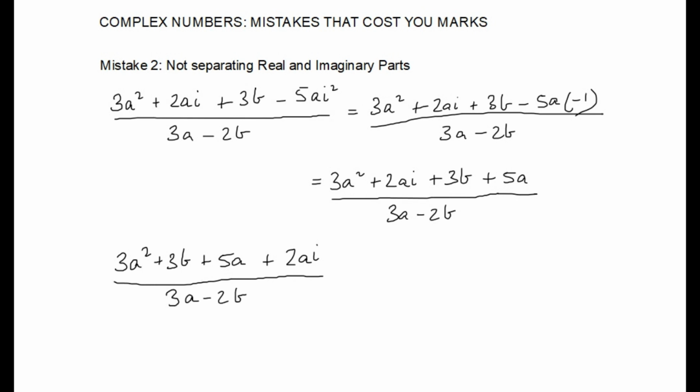Now we're going to split the numerator into real and imaginary parts, remembering that 3a minus 2b, the denominator, goes under both the real portion and the imaginary portion.